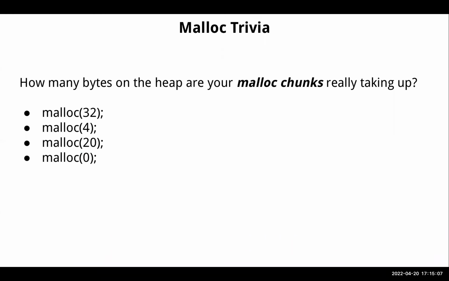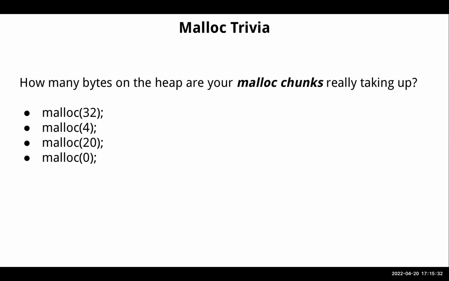Okay, so the first question we want to answer is how many bytes on the heap the malloc chunks really take up. So for example, when you do a malloc(32), do you really only allocate 32 bytes?